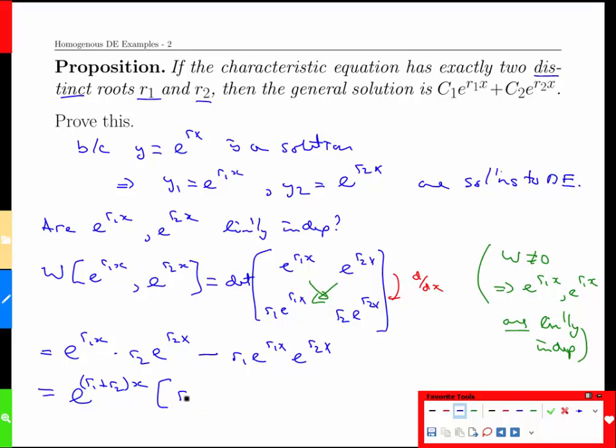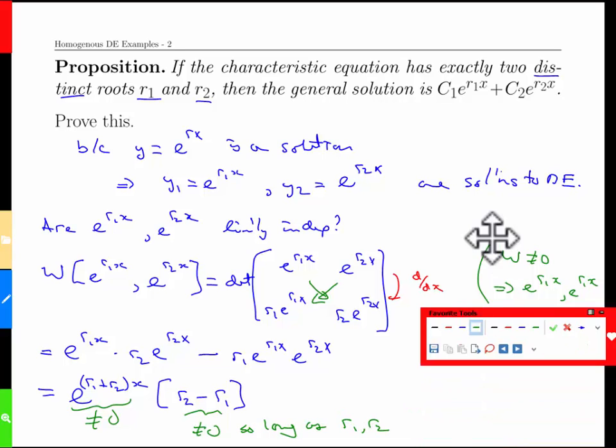The only thing missing is the scalar multiplier there, r2 minus r1. And so this is never equal to 0. It's an exponential. And this is not equal to 0 so long as, we said this up front, r1 and r2 are distinct or different.